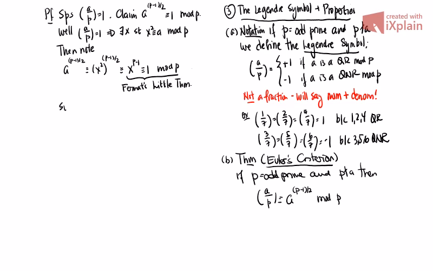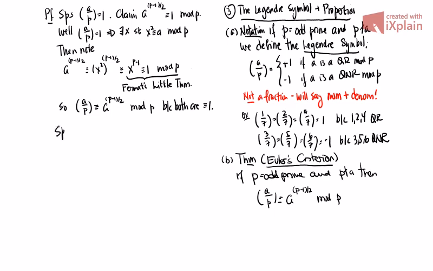And that's it, in the sense that thus a over p is congruent to a to the (p minus 1) over 2 mod p, because they're both 1. In fact, one of them is equal to 1, and one of them is congruent to 1. Therefore, they're both congruent to 1.